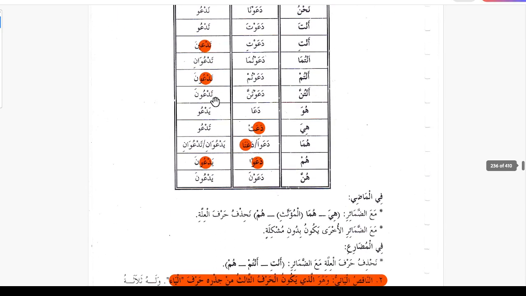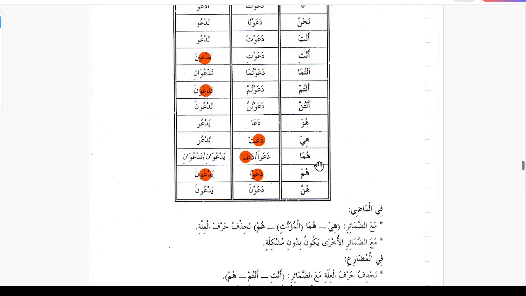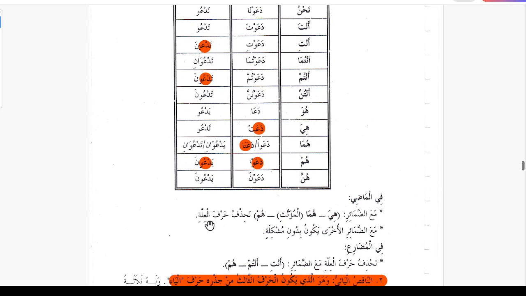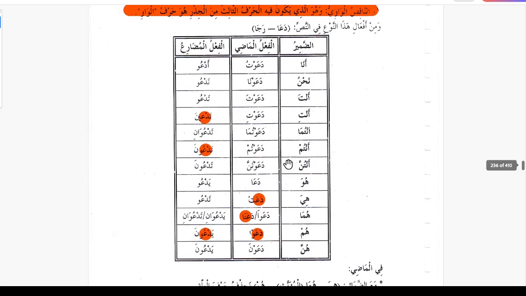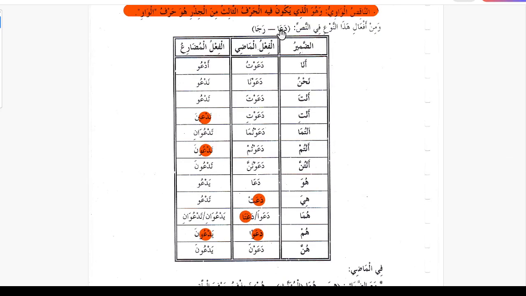So what is happening here? In the case of fail madi, ma damair hiya here, huma for muannas here, and for hum, nahzifu harful illa, the harful illa is omitted. Like we see harful illa is actually waw, because it's naqisul wawi.